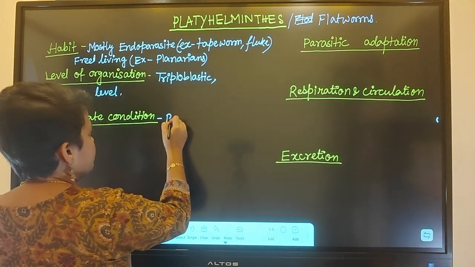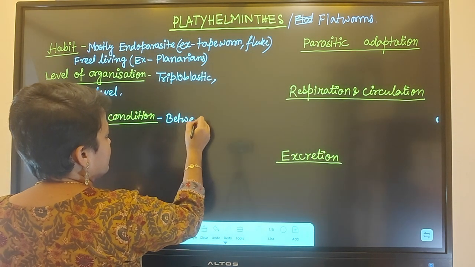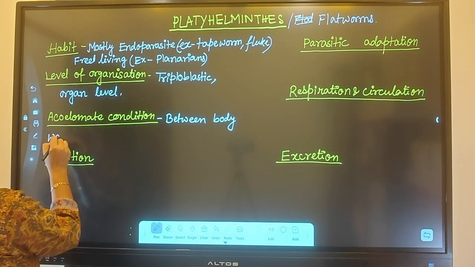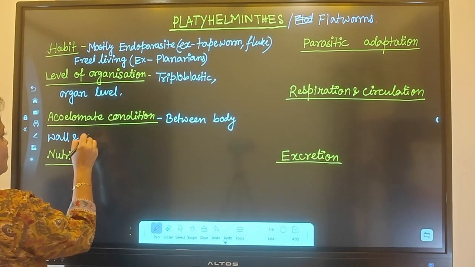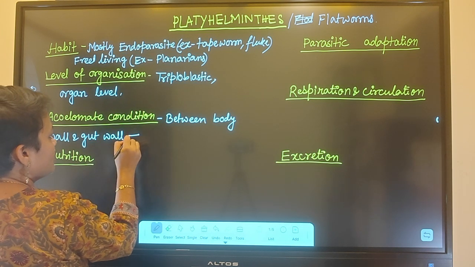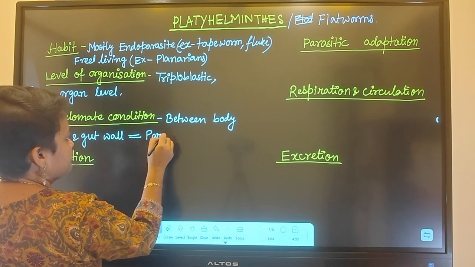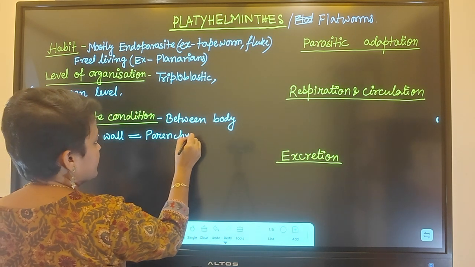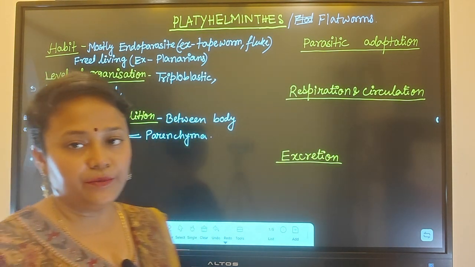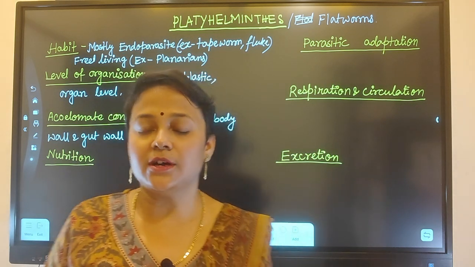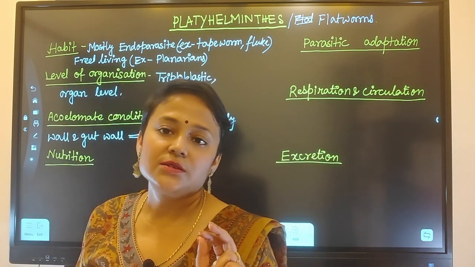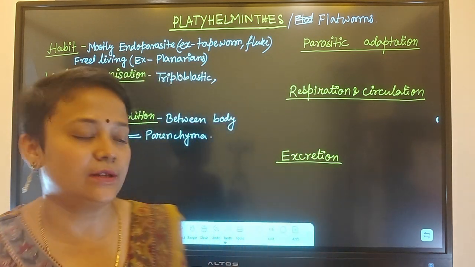So between the body wall and gut wall, the cellular layer is called parenchyma. But they are acoelomate. The mesoderm does not form the body cavity which is called coelom. So here they are acoelomate.